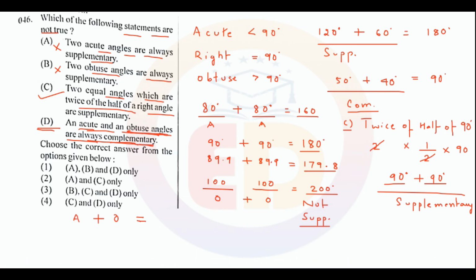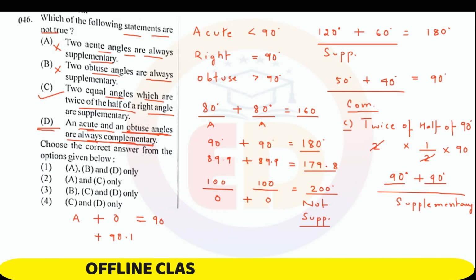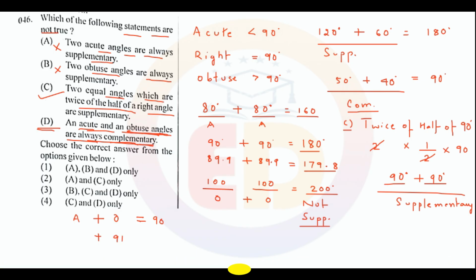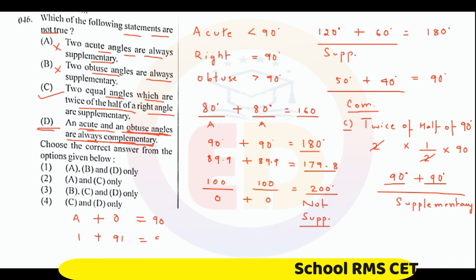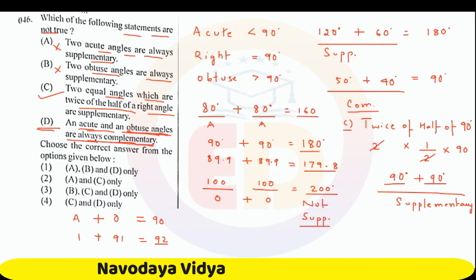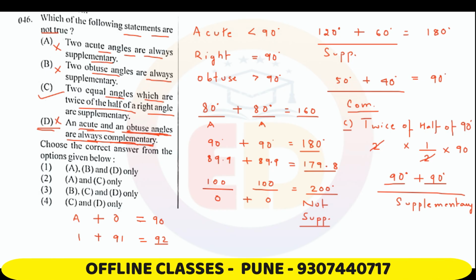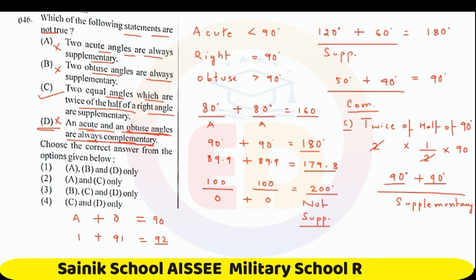It can never be 90, because the smallest obtuse angle is 90.1, or let's take, for easier understanding, 91, and even if you take the smallest acute angle as 1, it will still come to more than 90. So option D is also incorrect. The only correct option is C, and we have to find which of the following are untrue. Answer is A, B and D.